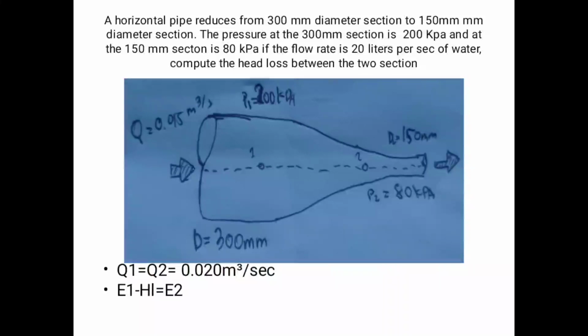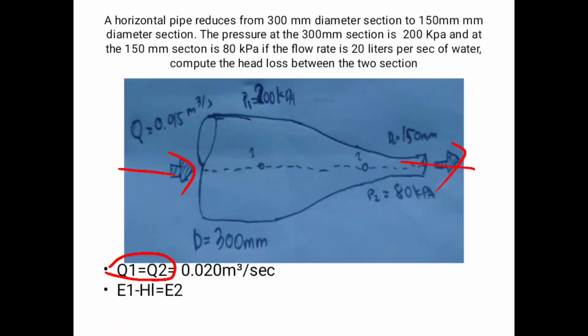Since we are asked to find the head loss, we will confirm first that what's Q that going inside is also equals to what's going outside here. So we have the equation which is Q1 is equals to Q2. And our given Q here is the 20 liter per second.